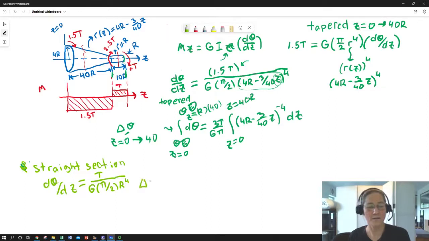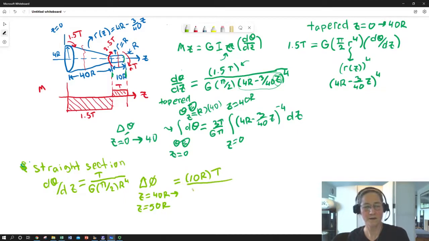So our twist angle change as we go from z equals 40r to z equals 50r to get to that end of the shaft is just going to be basically 10r times t divided by G pi over 2 r to the 4th.